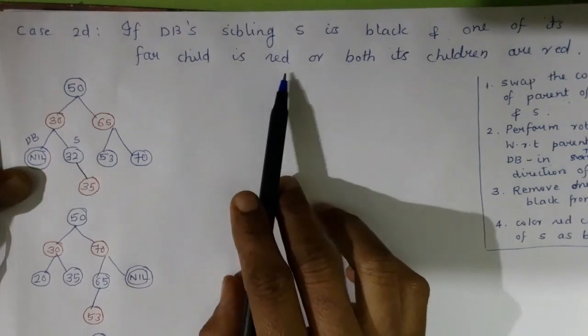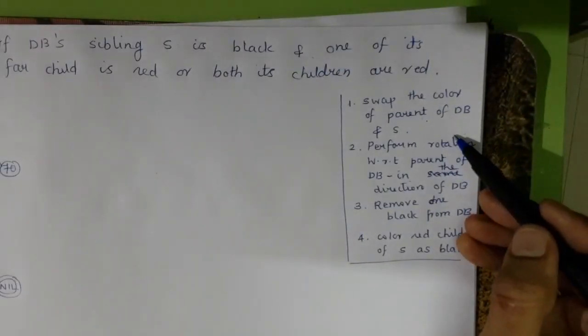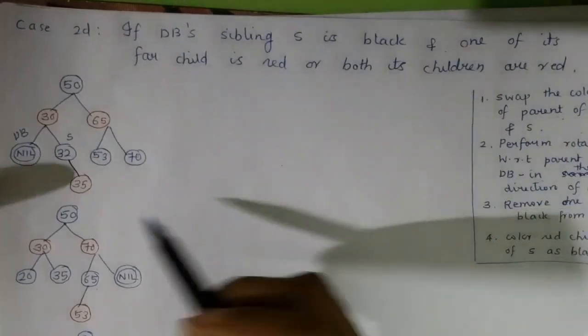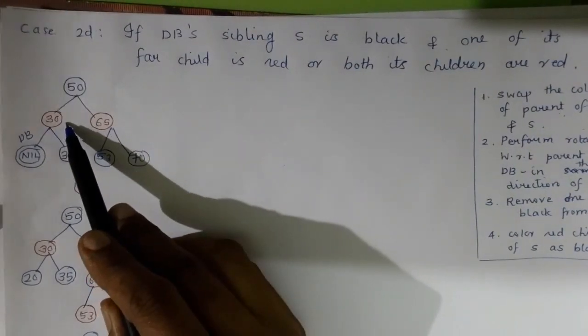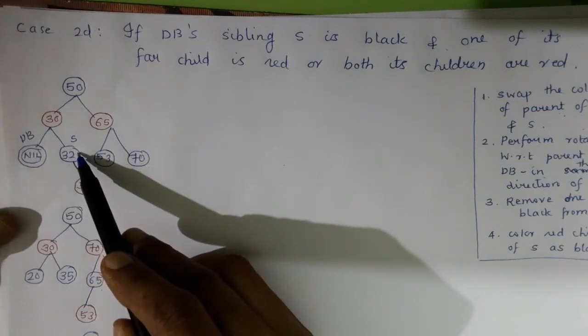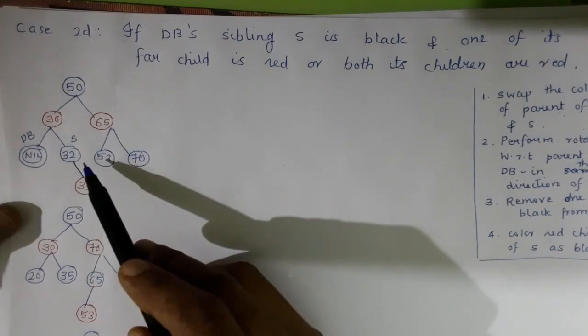So it is case 2D, and what we do is swap the color of the parent of DB and S. So here the parent of DB is 30 and it is red. It is changed to black, and the sibling's color is changed to red.